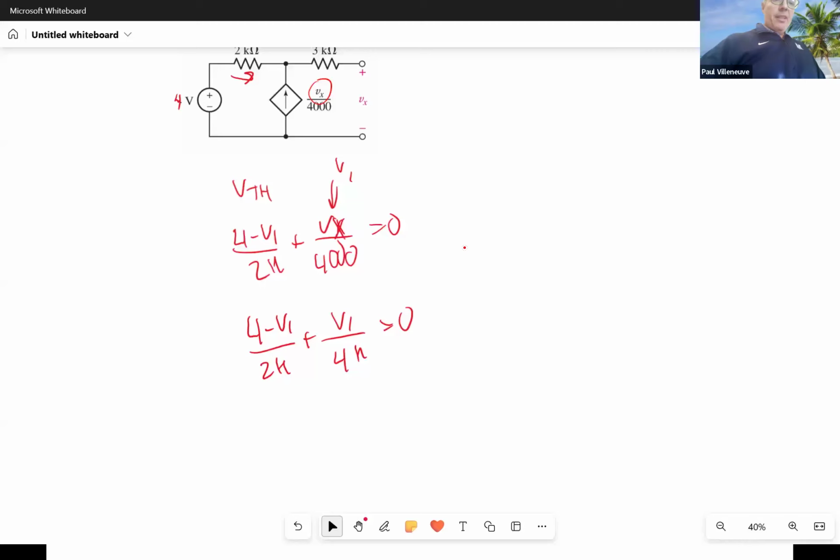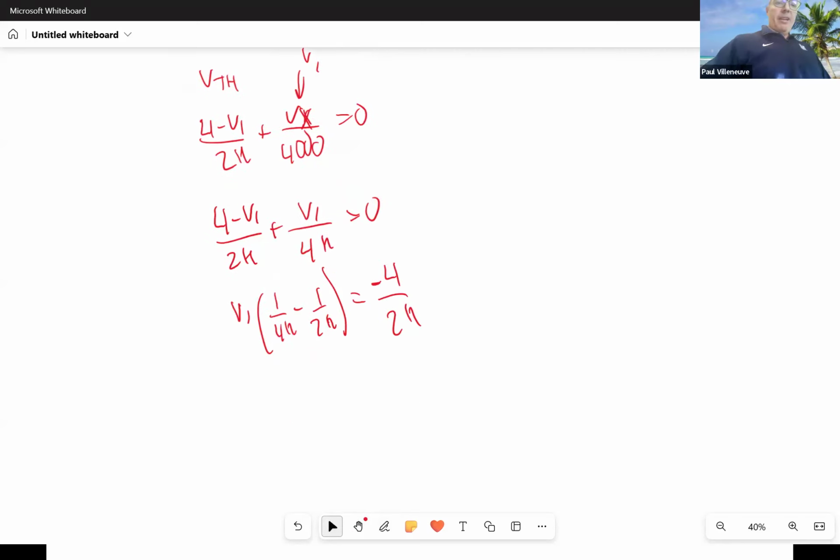Let's factor out. So we have V1 times (1 over 4K minus 1 over 2K) is going to be equal to negative 4 over 2K. Now we'll do common denominators, and you can do common denominators when you're subtracting. Don't get nervous.